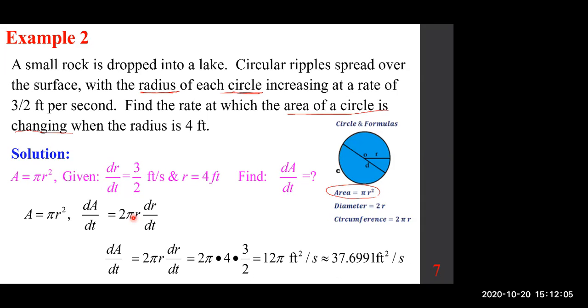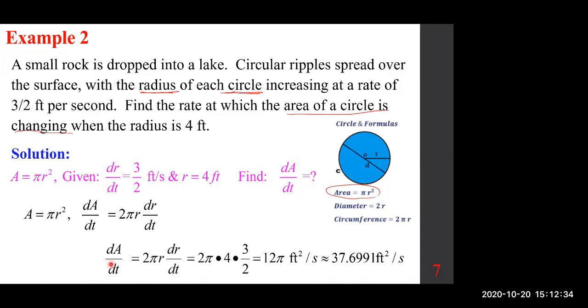So 2 pi, and then r is 4, and by 4 we mean 4 feet. 4 feet. And then 3/2, the dr/dt is 3/2 feet per second. That's why it becomes square feet per second. I hope you pay attention to the units, and I hope you realize this is an approximation. You multiply, you replace the pi with 3.14159. What I want you to pay attention to is the dA/dt.